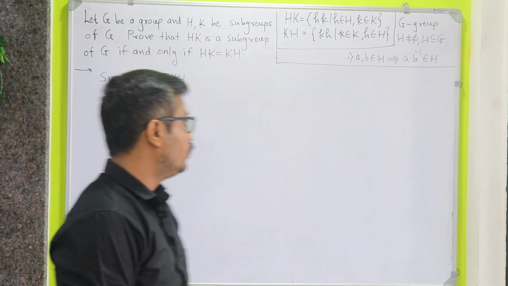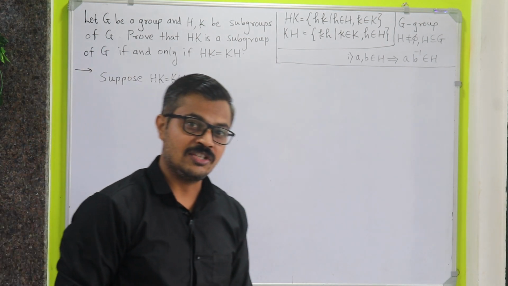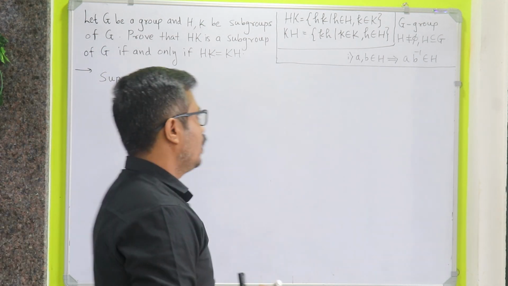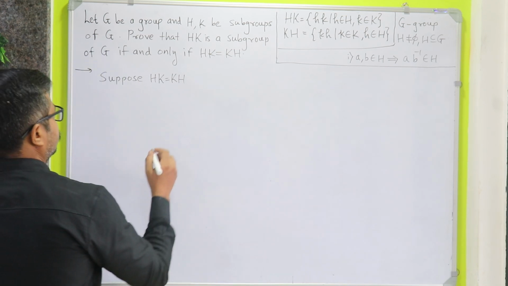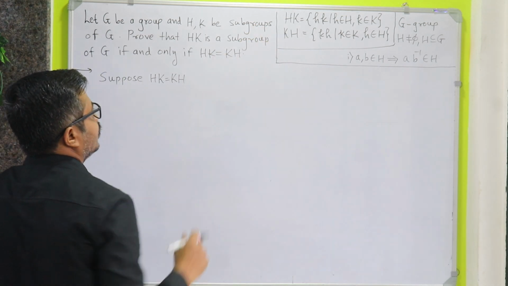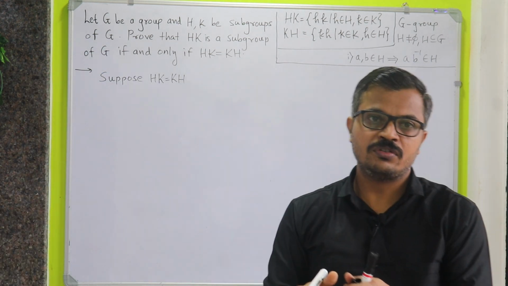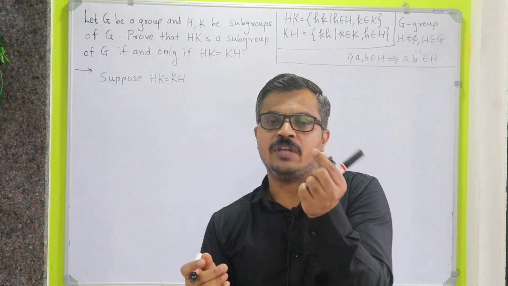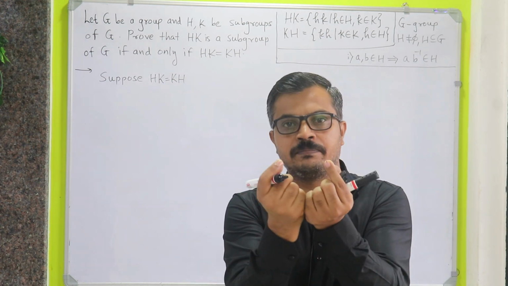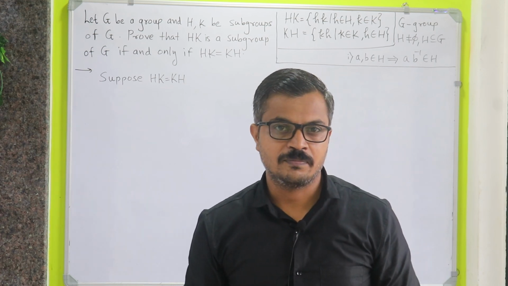So in order to prove HK is a subgroup, first of all we are supposed to show that HK is non-empty. Now the question is, why HK will be non-empty, right? Note that HK contains the collection of products of an element of H and K both. So if you have an element of H and an element of K, simply take the product and you get an element of HK.